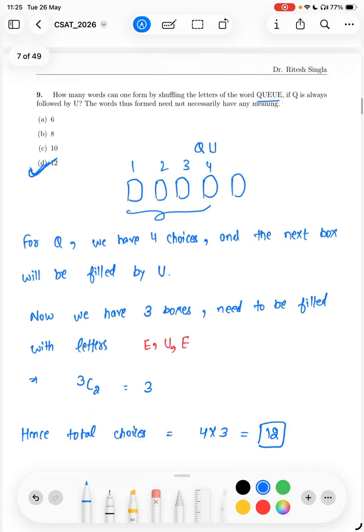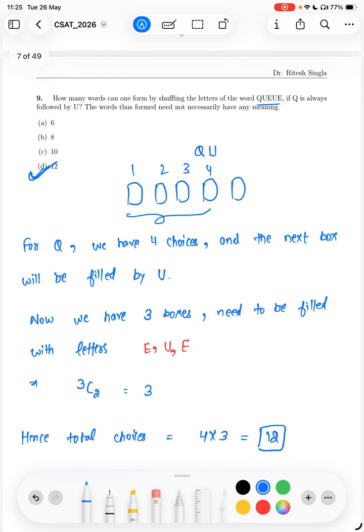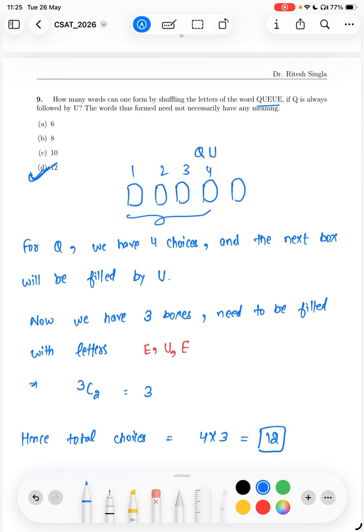What we have done is we just saw the question. It is saying that U should always follow Q. So whenever you have Q, the next box should be U. They are fixed now. So out of these five boxes, we have four choices for Q. And once we have fixed a Q, one of the U's will be fixed. So two boxes are filled at that particular time, and we are left with three empty boxes.